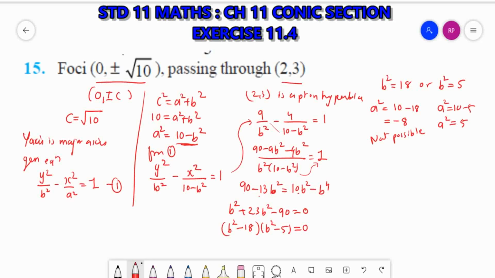The general equation will be y square by b square, that is 5, minus x square by a square, that is also 5, equal to 1. Okay, so this was about question 15. So note it down. Here we completed exercise 11.4.